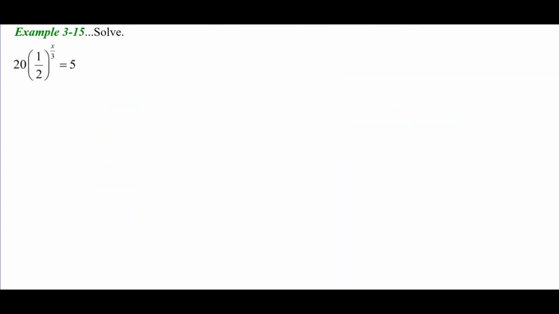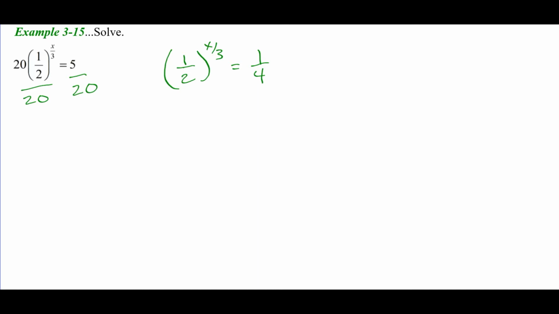So looking at a few more examples here. Our previous examples were very basic functions. So here, remember, we've got the 20. So before we even use any of the procedures that we just talked about, we want to isolate the log or the exponential. So the first thing I'm going to do here is divide both sides by 20, and that's going to give me 1/2 to the x over 3 power equals 5 over 20, or 1/4.